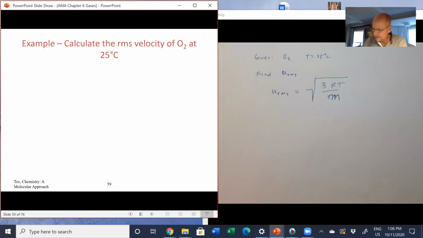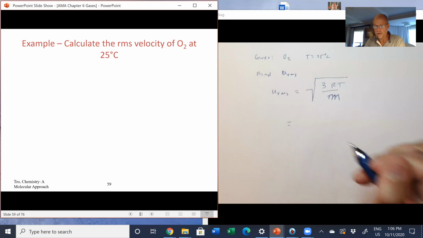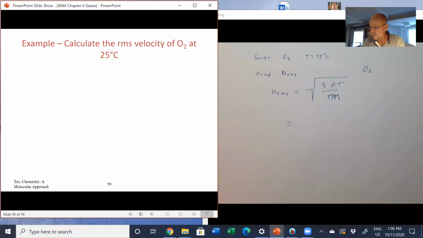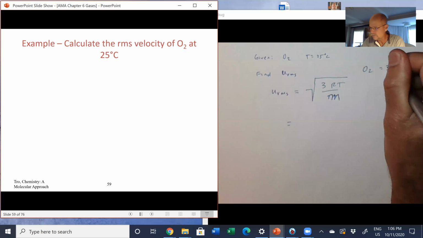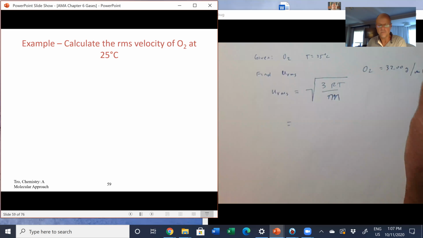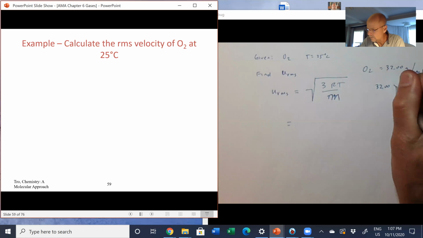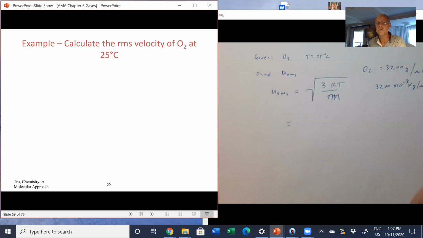All right, so we just plug in. We know that the molar mass of oxygen gas is 32.00 grams per mole. But remember, we have to put that in kilograms. So in kilograms, that's 32.00 times 10 to the minus 3 kilograms per mole, the molar mass of oxygen in kilograms.